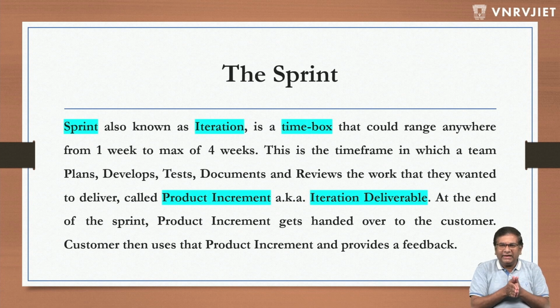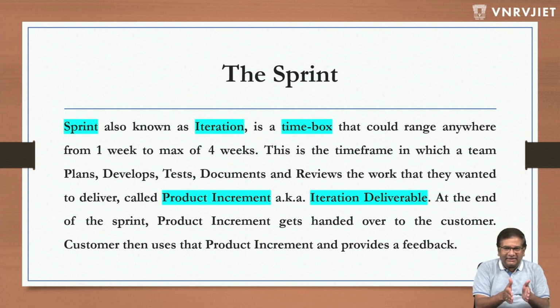This is the time frame in which a team plans, develops, tests, documents, and reviews the work that they want to deliver. So basically, this is the Agile thing, right? I told you Agile is nothing but a waterfall model in small cycles. So in 2 weeks or 3 weeks or 4 weeks or 1 week, whatever the sprint time box is, they pass through all the stages of the waterfall model.